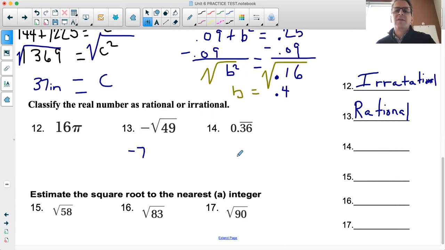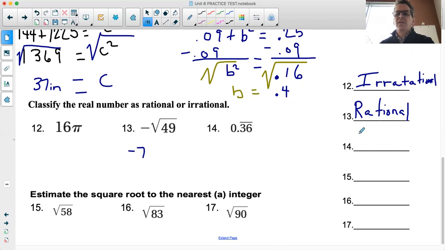Number 14, 0.36 with 36 repeating, 36, 36, 36, 36. And with this one in mind, it is repeating the same thing. So repeating decimals are rational if they are repeating the same thing. 36, 36, 36.